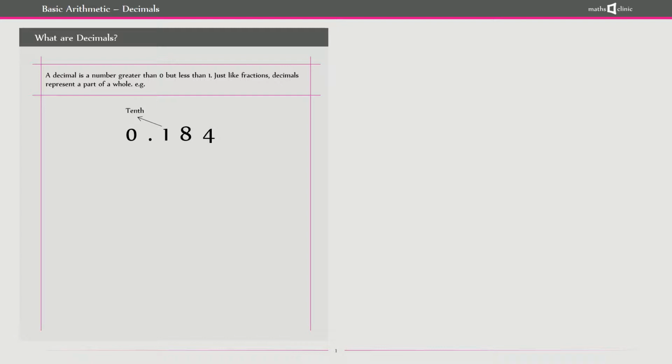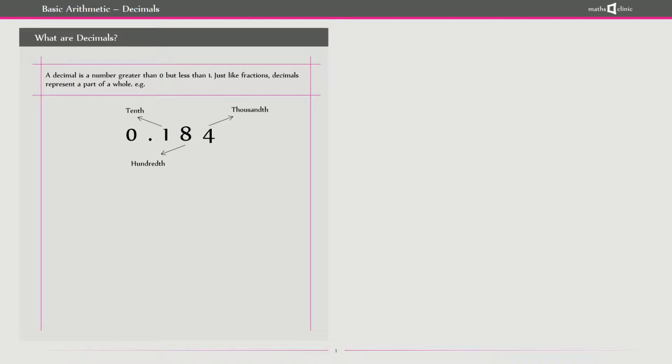There's a th at the end. And then the next one is a hundredth, just like 100 but with th at the end. And right after that you have, as you might have guessed, thousandth.